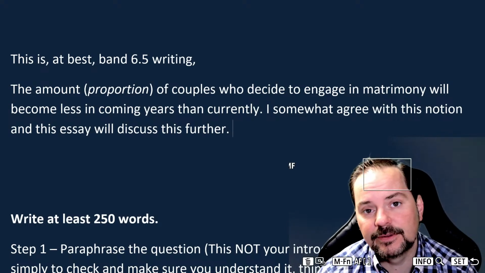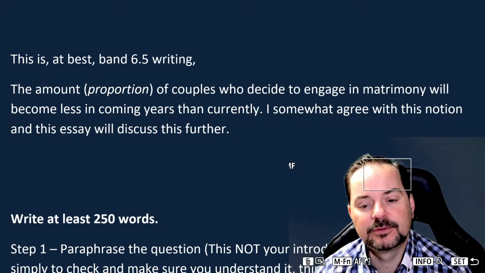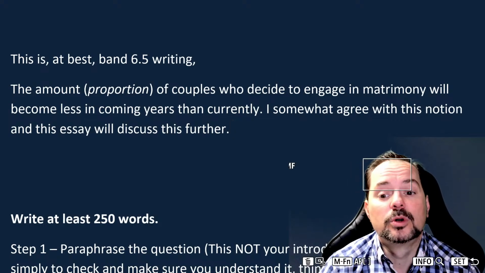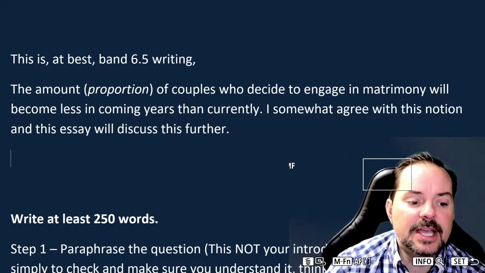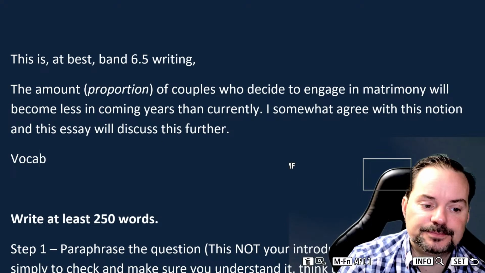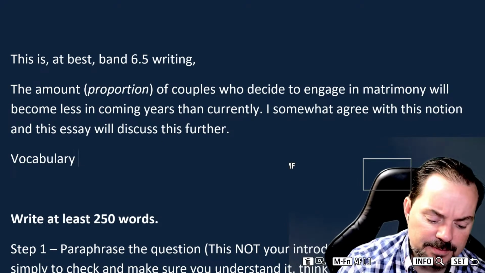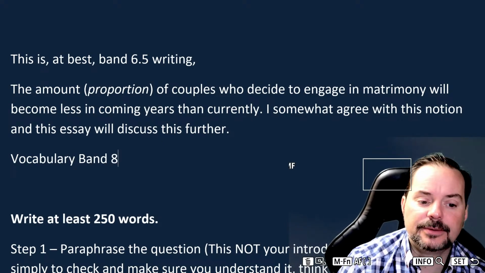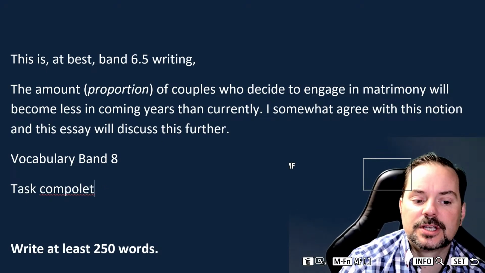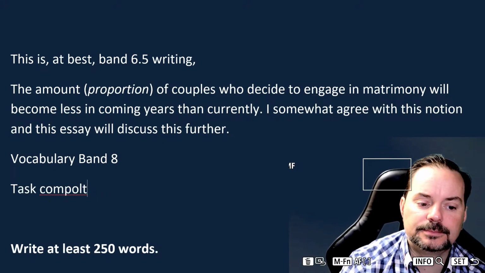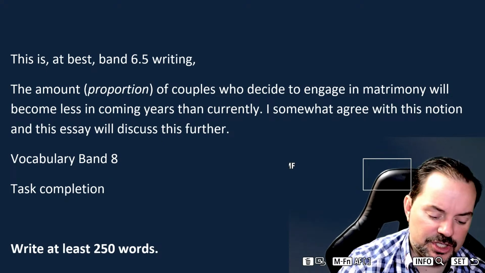Even if you have perfect English here, perfect grammar, perfect vocabulary, you're using some words like matrimony. Yeah, so the examiner here will say like vocabulary for this, and maybe like a band 8. But task completion is just a band 6.